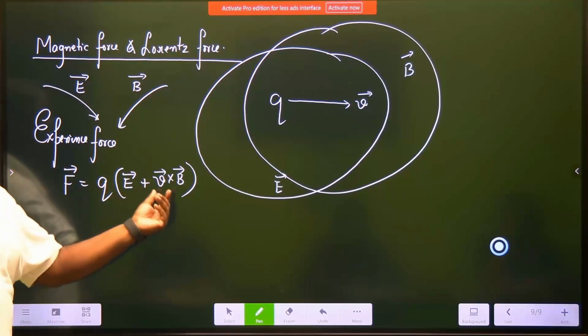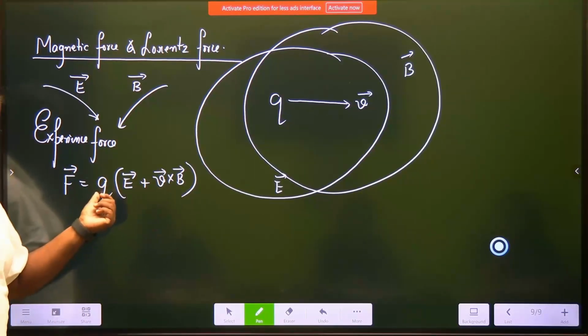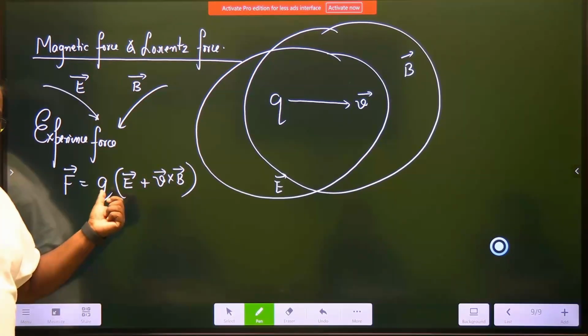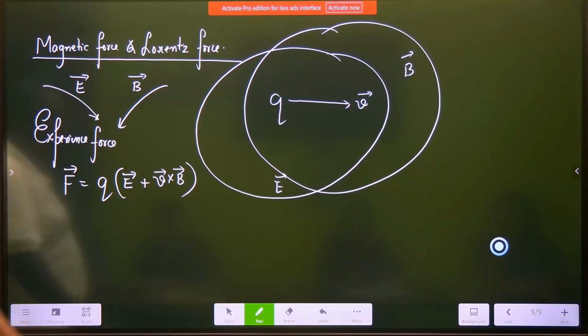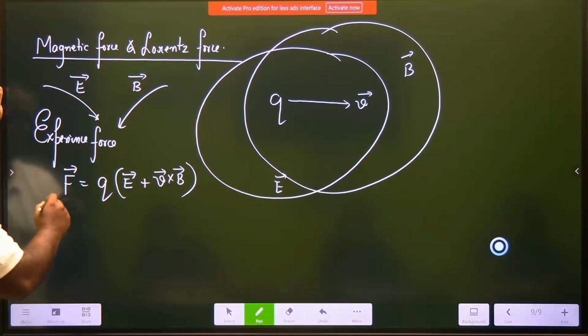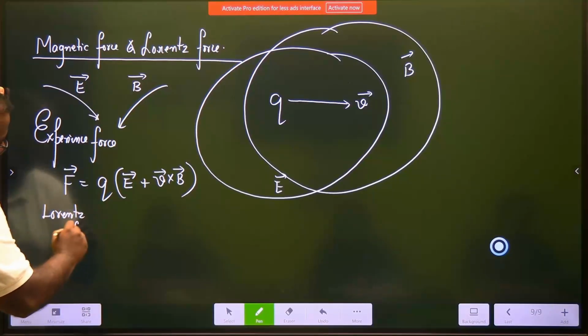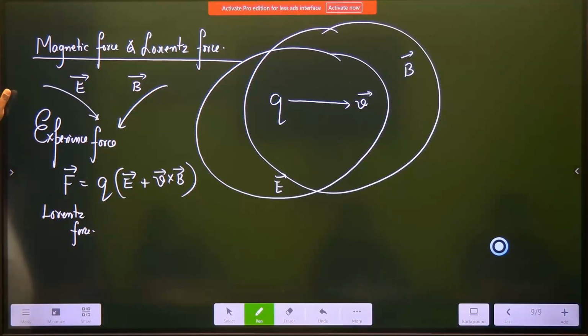And QV cross B, Q is a scalar, and this is a cross product. So it's a scalar multiple of a cross product. Then this force is actually called Lorentz force.